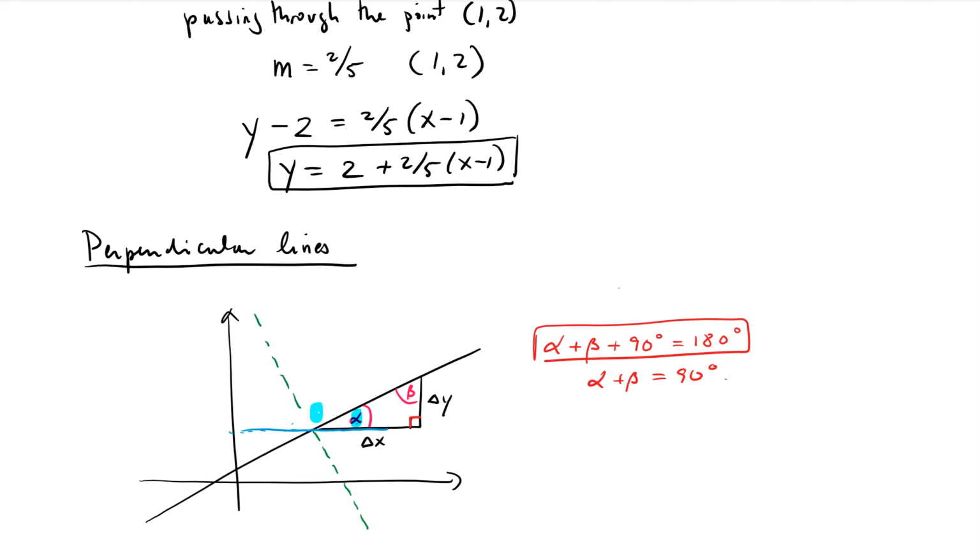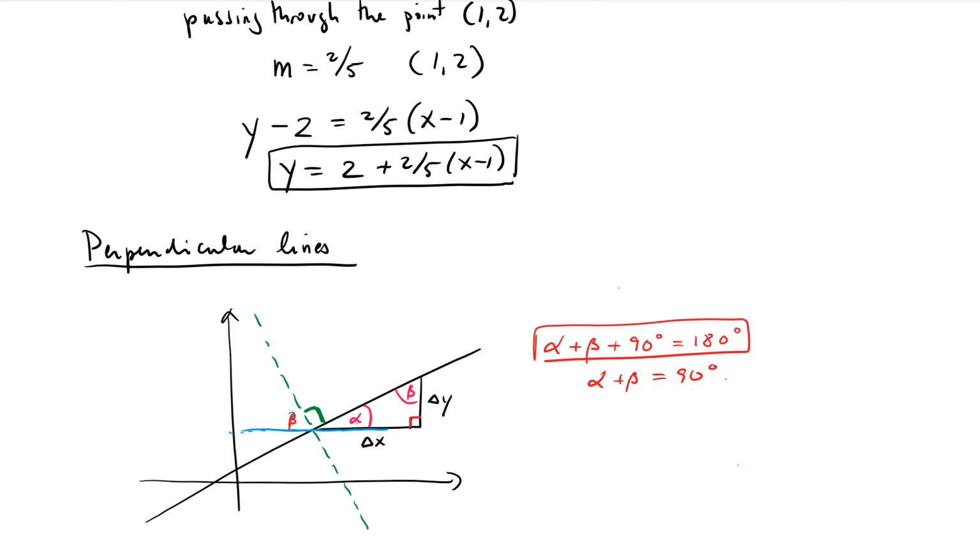That's beta, because they all need to add up to 180, because it's a flat line. If I've got a flat line and it's split up like that, all these angles here need to add up to 180. That's exactly what I have here. So this is beta right there.